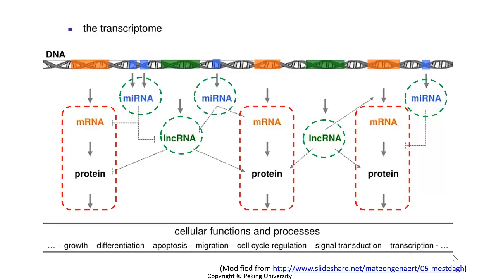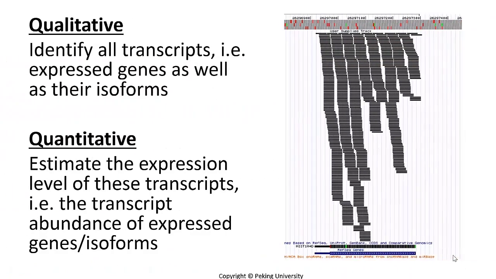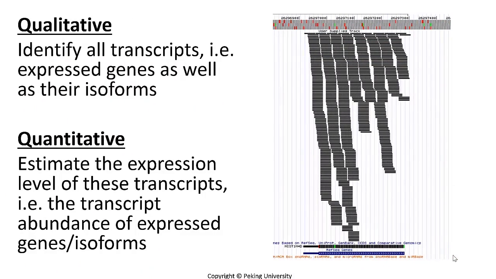In transcriptome, there are not only the classical messenger RNAs, mRNAs, coding for proteins, but also microRNAs, long non-coding RNAs, and other non-coding RNAs recently discovered that do not code for proteins. These RNA transcripts cooperate to regulate cell growth, development, apoptosis, and many other important physiological processes.